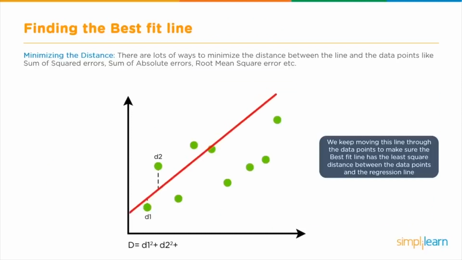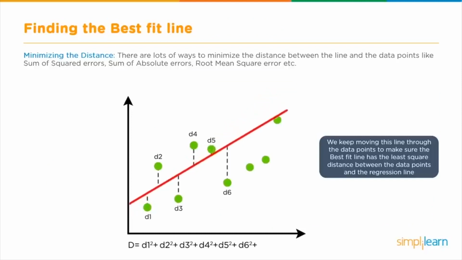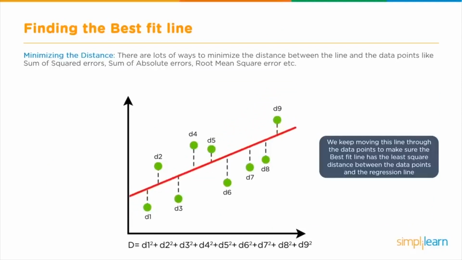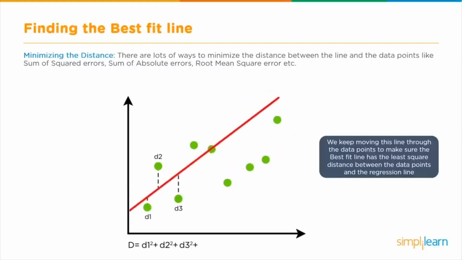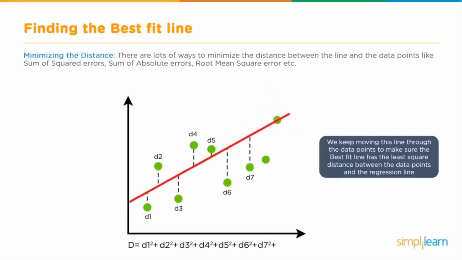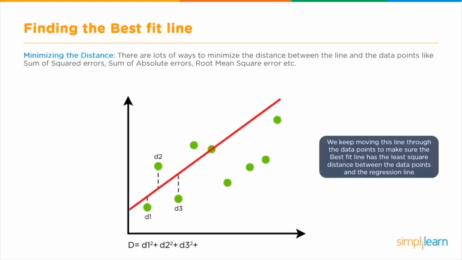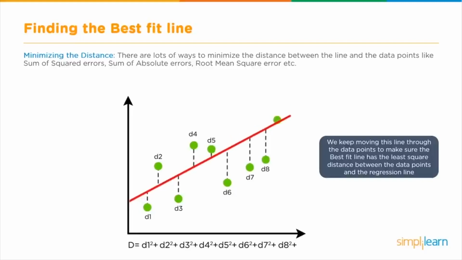In a nice graphical representation, we can see here where we keep moving this line through the data points to make sure the best fit line has the least square distance between the data points and the regression line. Now, we only looked at the most commonly used formula for minimizing the distance.